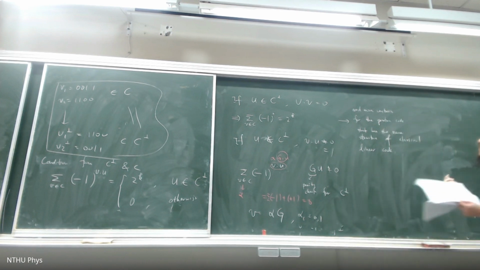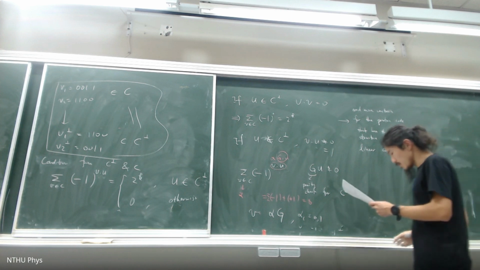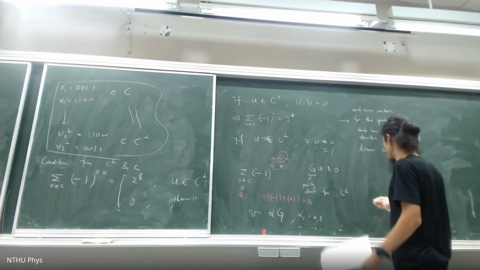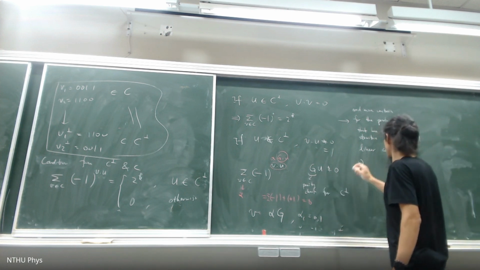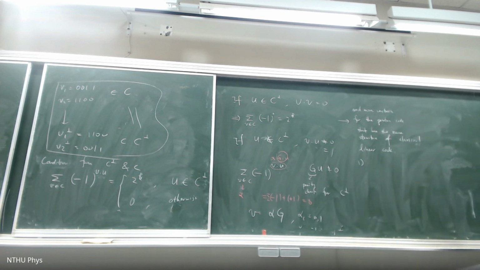So I just need to find a way to adapt this classical linear code with more constraints. How do I do it? The logic is the following.